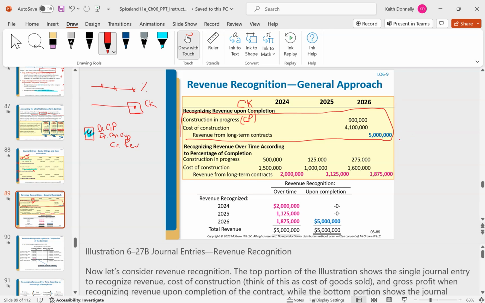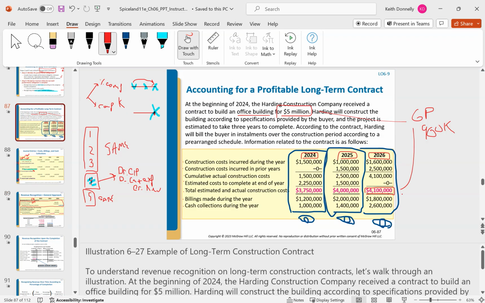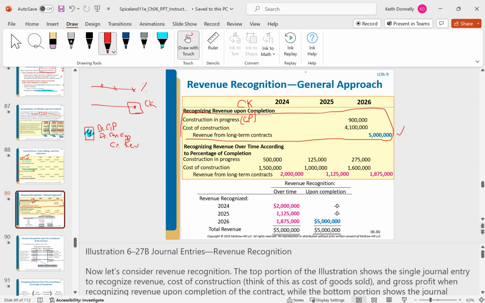Again, we get these numbers right from the schedule, 5 million and 4.1. And then you can plug the CIP if you want, but it's always better to understand what it actually is. Here it's representing the gross profit. If it was a loss, we will see this journal entry 4 can be modified. You can have a credit to CIP if it's a loss, okay? So there's the idea of journal entry 4 for completed contract.